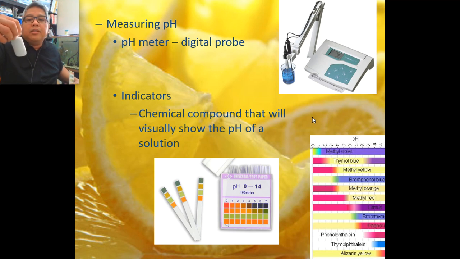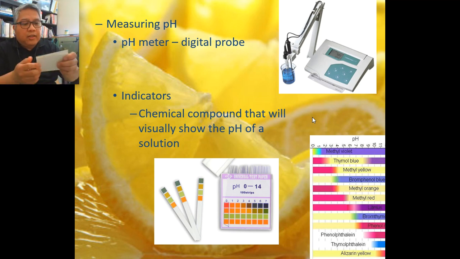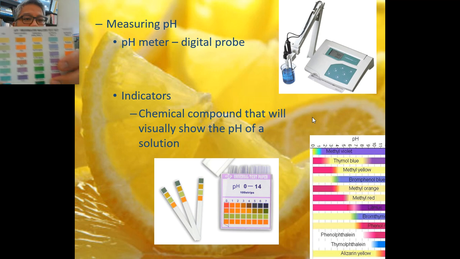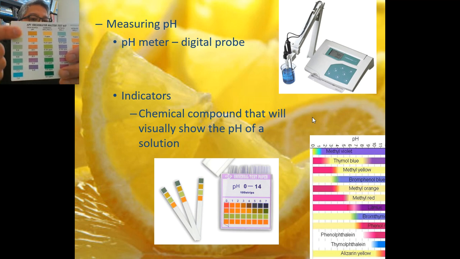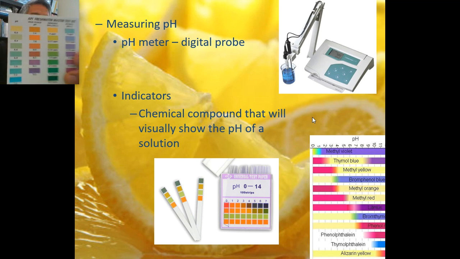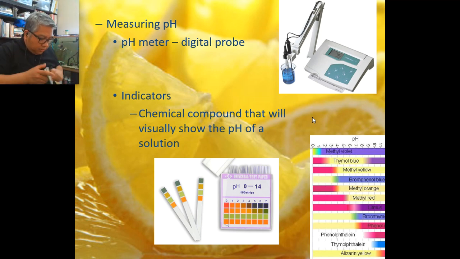I put 3 drops of this, and the solution will turn a certain color. Then you compare the color of the solution to the scale here, and you will see the pH. Okay, perfect. So that's another way.